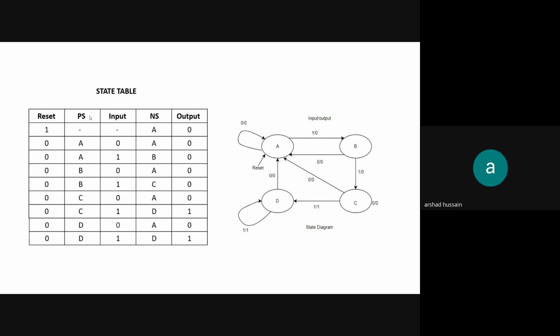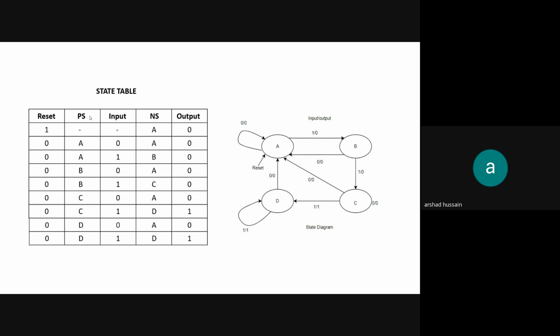If the reset is 0, then only the operation will start. So if the present state is A and the input is 0, then I go to the next state, which is A, with the output 0, which is indicated by the arc, as we can see in the first state.